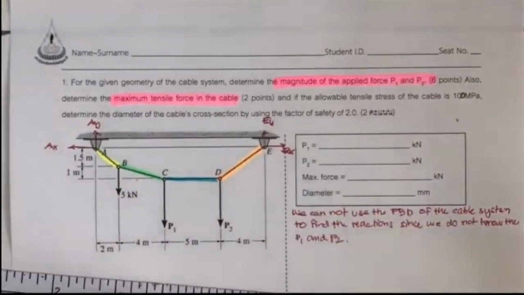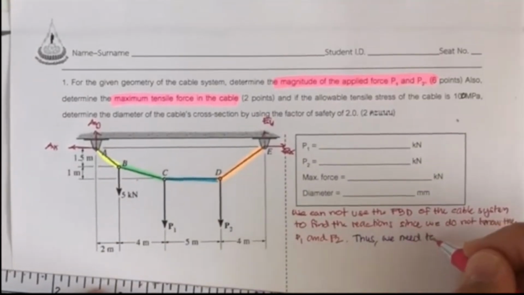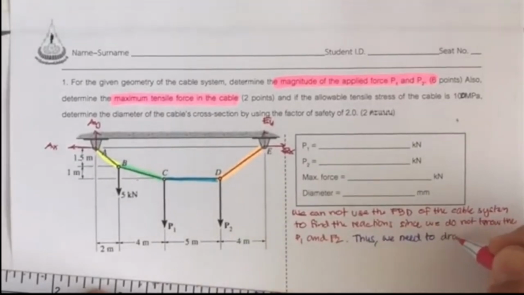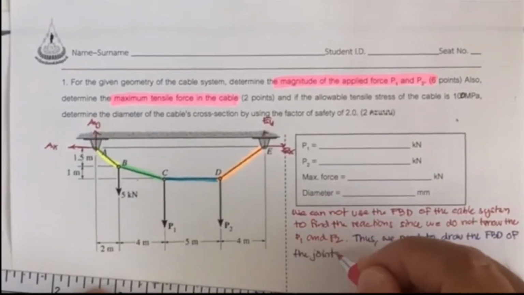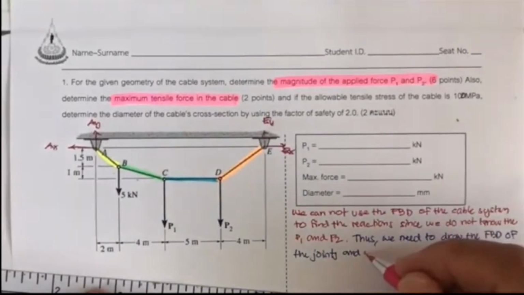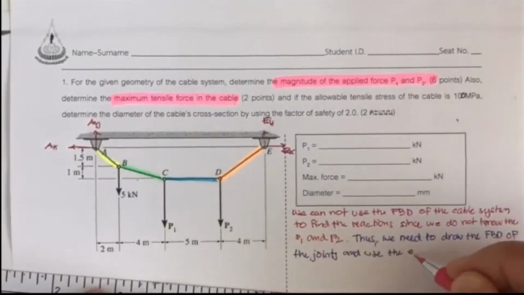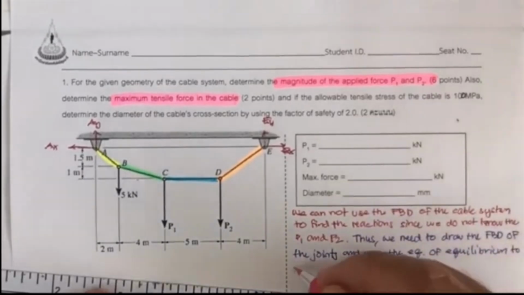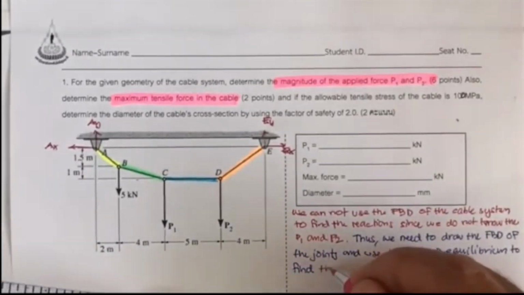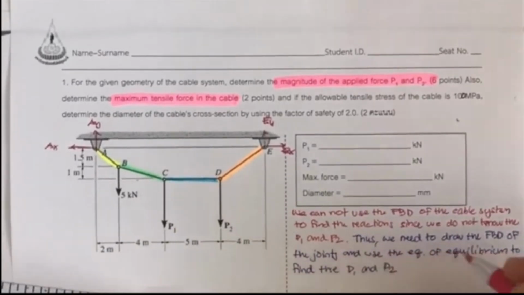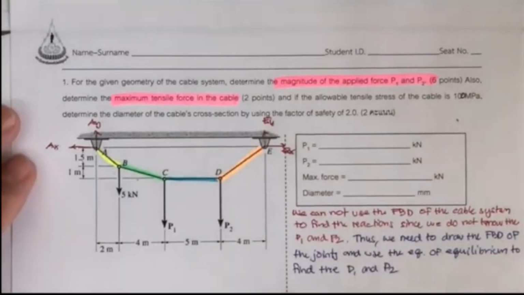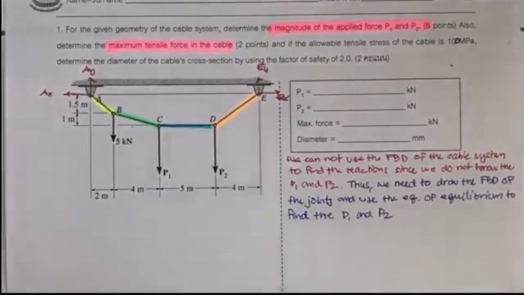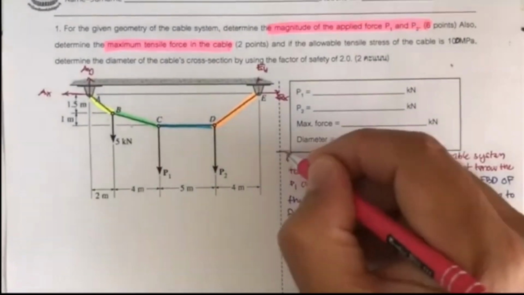So what we need to do is draw the free body diagram of the joints and use the equations of equilibrium to find P1 and P2, before we can determine the reactions. Okay, this is our first consideration.